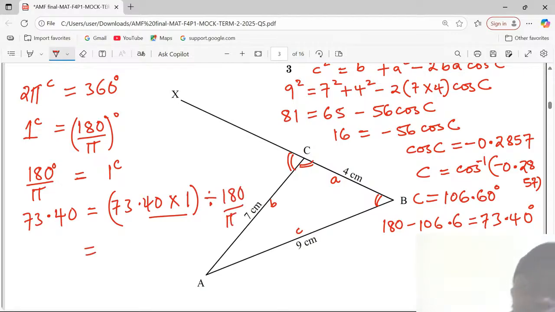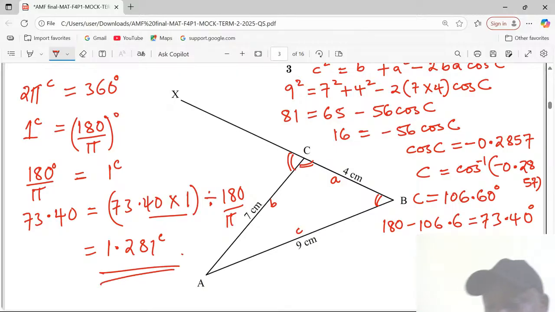So we multiply by pi out of 180. This gives us 1.281 radians. Not degrees now, radians.